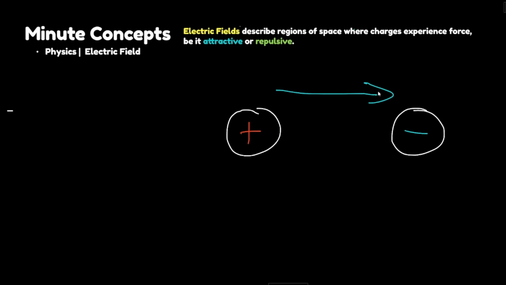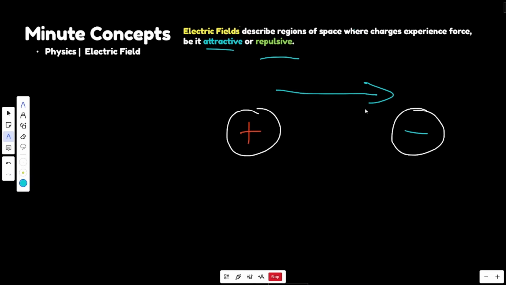But how do we describe the area between these two charges that actually allow the attraction to happen? Because of that area in space where this charge can experience force, be it attraction or repulsion, as I wrote here, that allows other charges to interact with it.